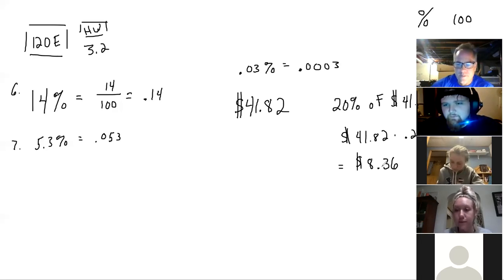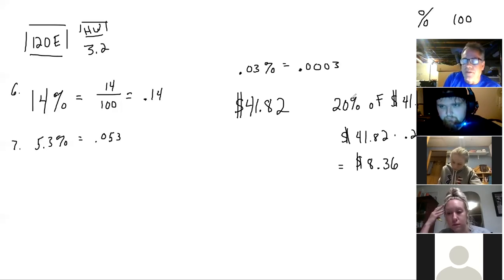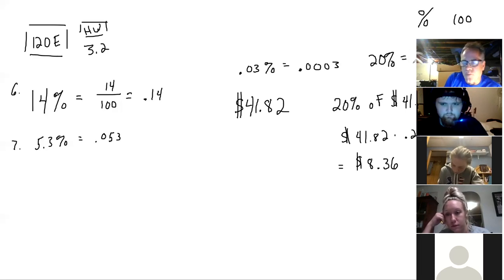Hang on. I don't know why it's just not clicking with me here. Sure, you're fine. You said it's 20%? 20%. So if you were figuring up a 20% tip on a restaurant bill of $41.82, then the way you calculate it is convert the percentage into decimal form. So 20% in decimal form is 0.2.